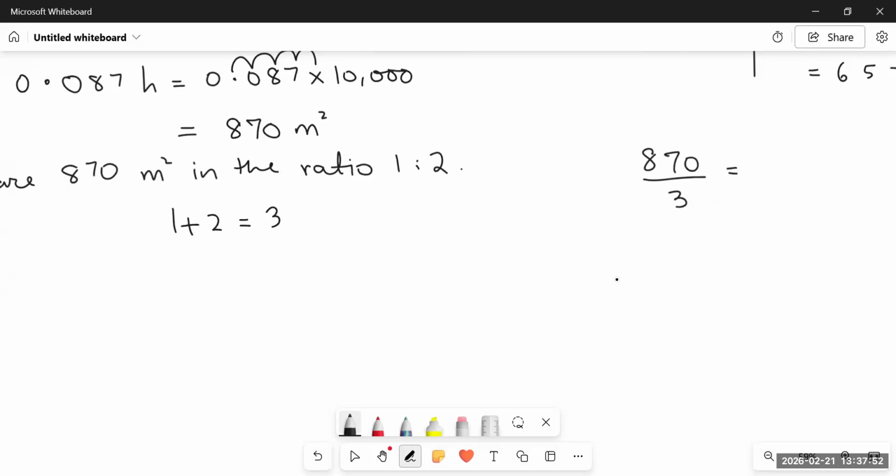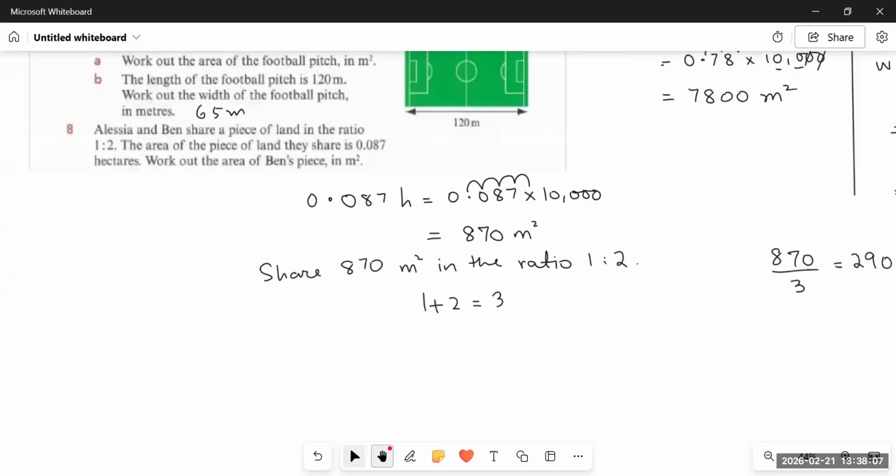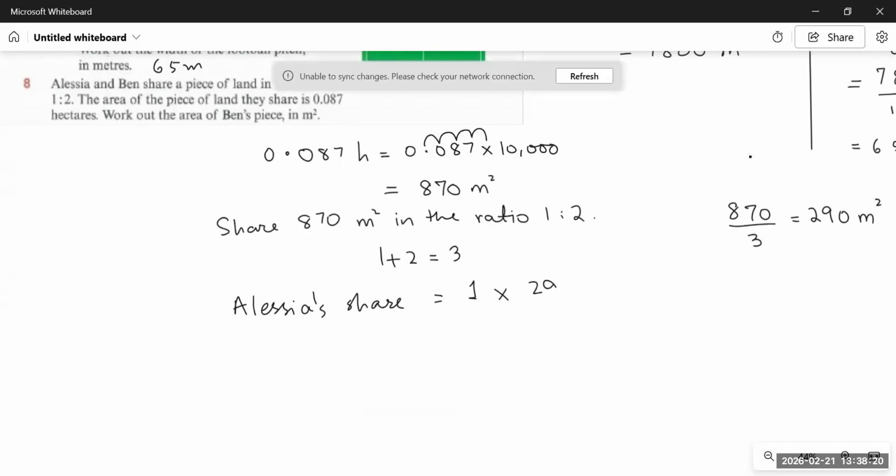What we will do, we will first divide 870 by 3, which gives us that one part would be 290 meter square, right? So to find out the share of Alicia and Ben, Alicia's share is one part. It will be 1 multiplied by 290, and that's 290 meter square.